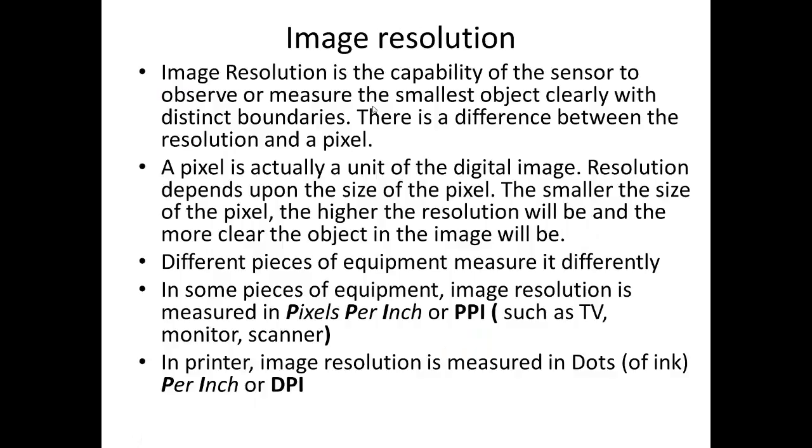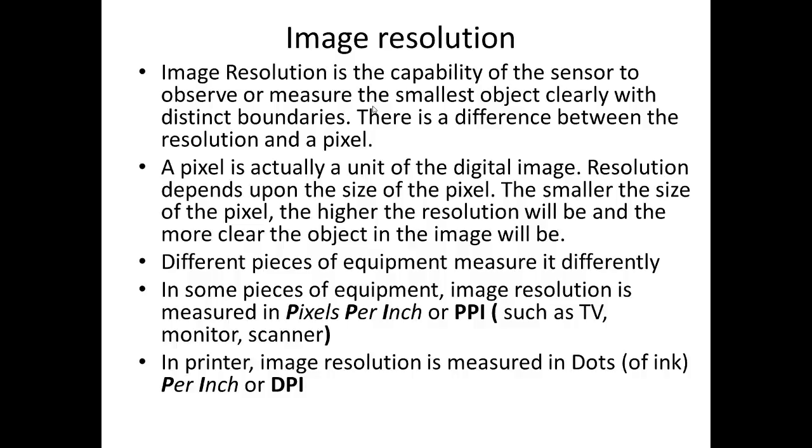The second important concept we need to know is image resolution. When you talk about cameras, TV monitors, or even scanners and printers, we talk about resolution. Generally, different equipment measures resolution differently.